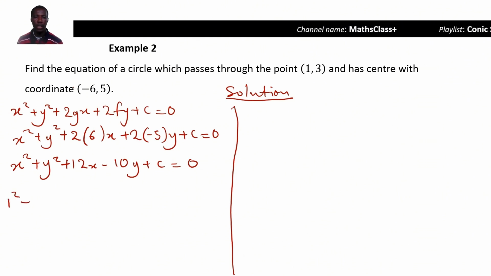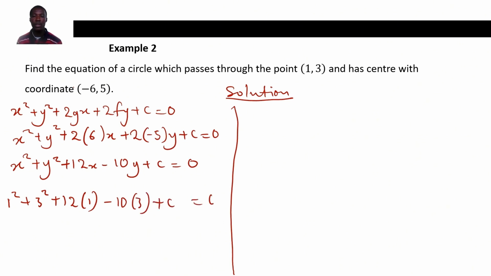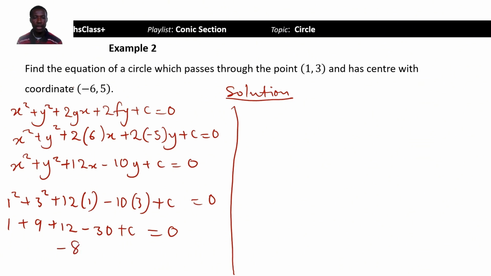So we have 1 squared plus 3 squared plus 12 times 1 minus 10 times 3 plus c is equal to 0. So we have 1 plus 9 plus 12 minus 30 plus c is equal to 0. So we have this as 22 minus 30, which will be negative 8, plus c is equal to 0. And so c is equal to 8.